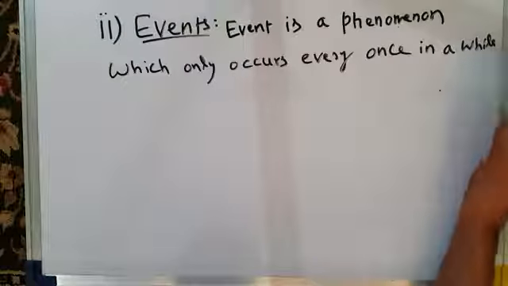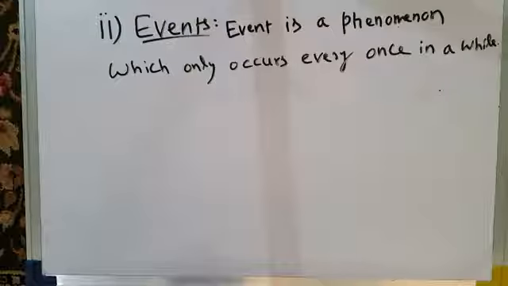The best example of an event is interruption. Suppose there is disruption of power, there is a blackout, the power goes off. That's called interruption. The power is interrupted. Interruptions are not periodic in nature. They occur once in a while.